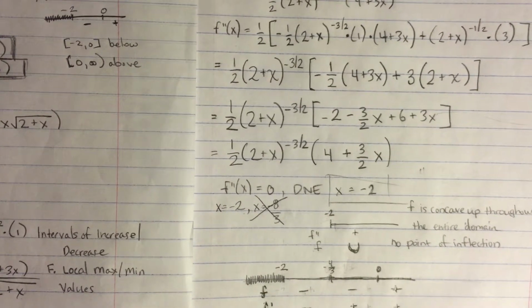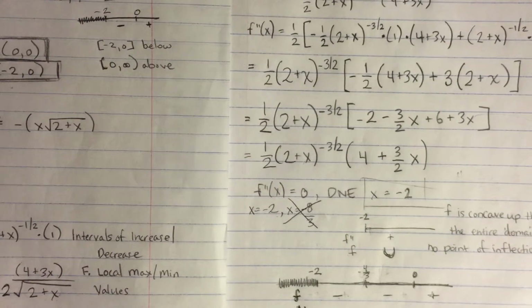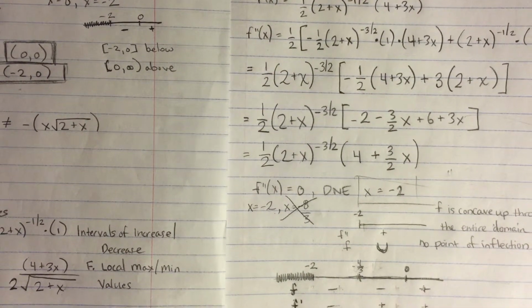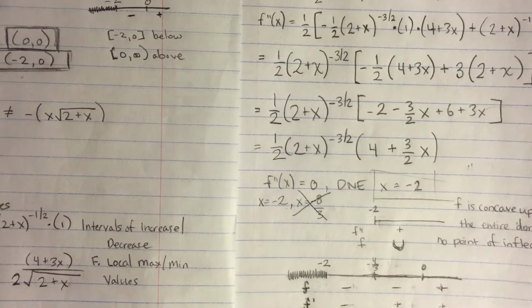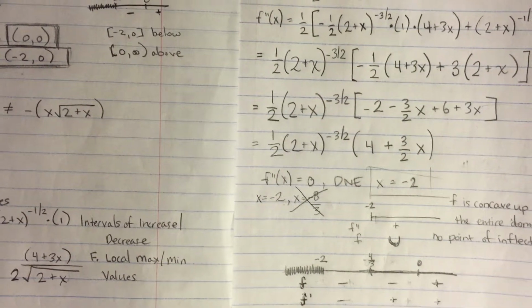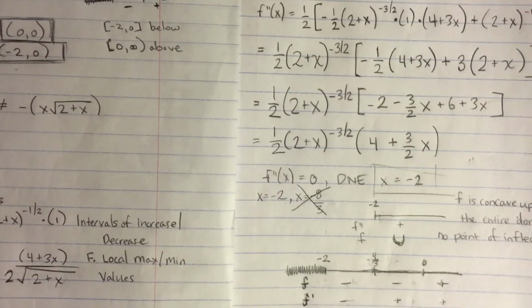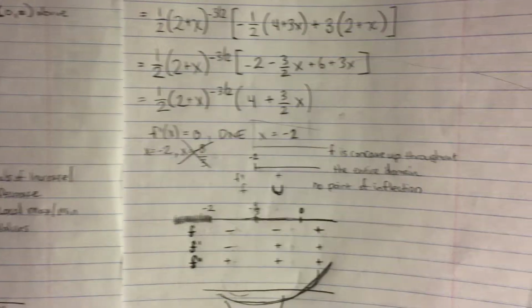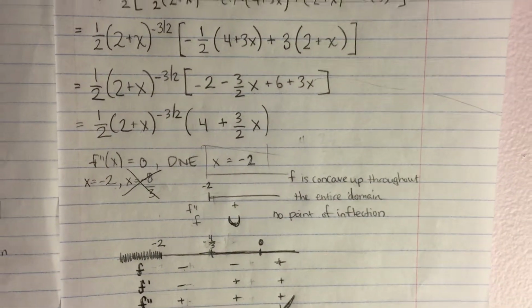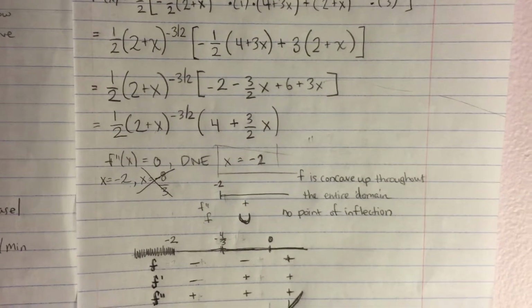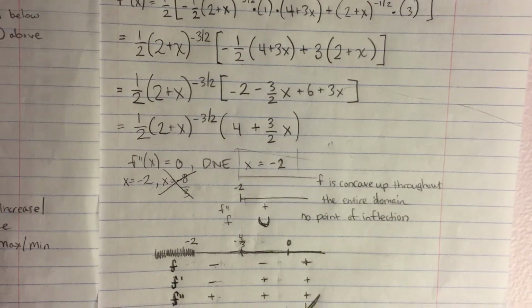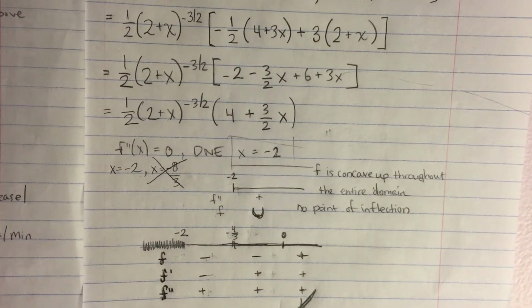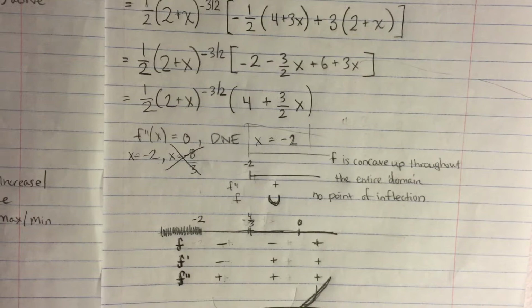Again, it does not exist at negative 2, and f double prime of x is equal to 0 at negative 8/3, but negative 8/3 is not in our domain, so that will not count. So from negative 2 to infinity, it's going to be concave up. So it is concave up throughout the entire domain, and there is no point of inflection.